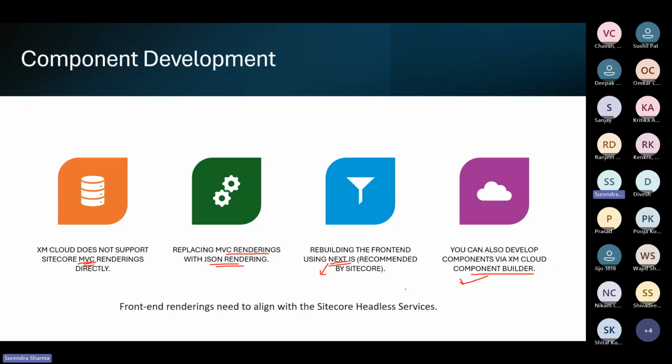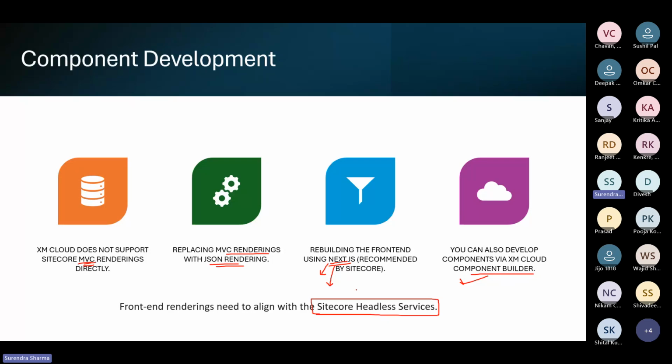So you have two options. Either you create your component via Next.js code, or you can use this no-code tool called Cloud Component Builder. Both options are available. The idea here is that whatever front end you are developing should be more aligned toward the Sitecore headless services. In the starting, we saw that there are two models that Sitecore is supporting.